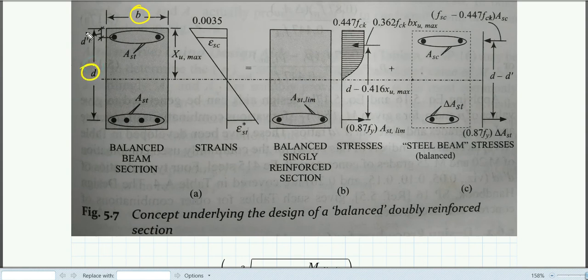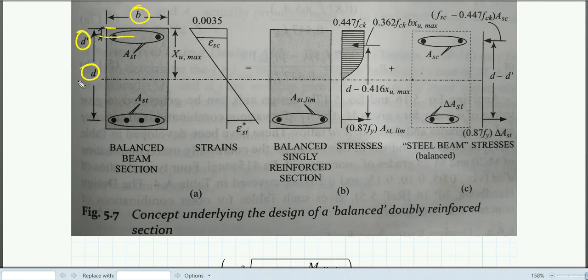Here d dash is the effective cover of the compression face. That means it is the distance from the top fiber of the beam to the center of the compression reinforcement.